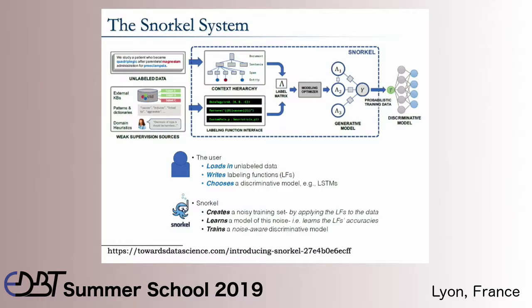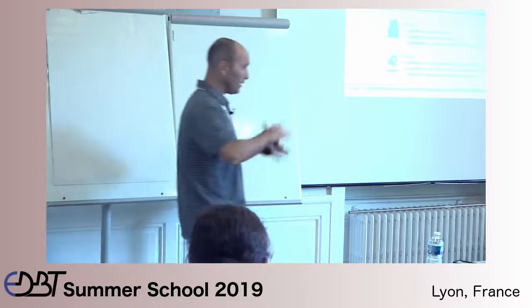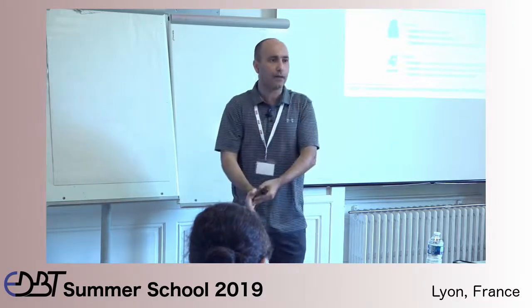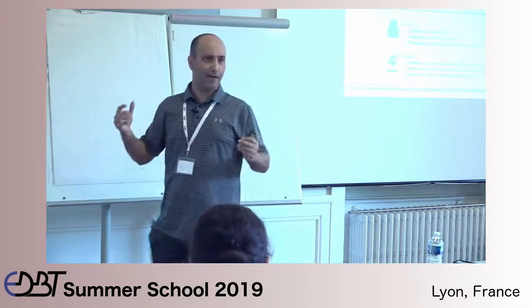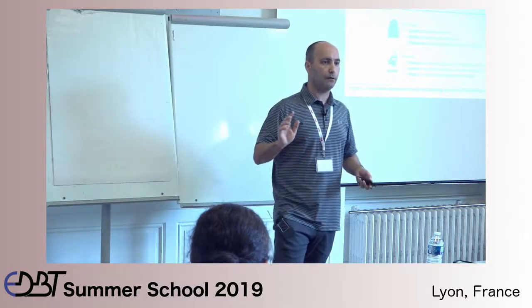All the user needs to do is write these labeling functions, and I'll give some examples of these labeling functions next, that produce many examples of extraction. And these extractions, you can tag them as positive examples, negative examples, and all you require is that there is some reason behind them. They have some positive correlation with reality, but we can make a lot of mistakes.